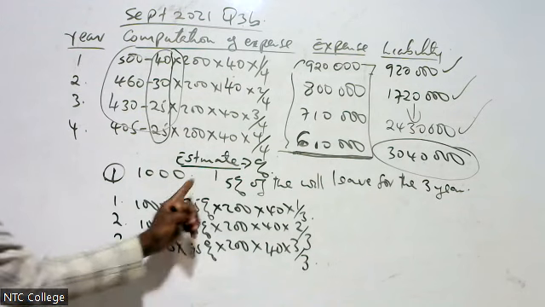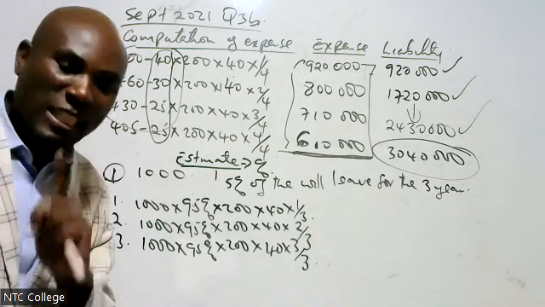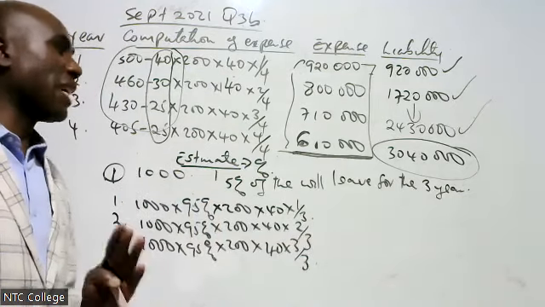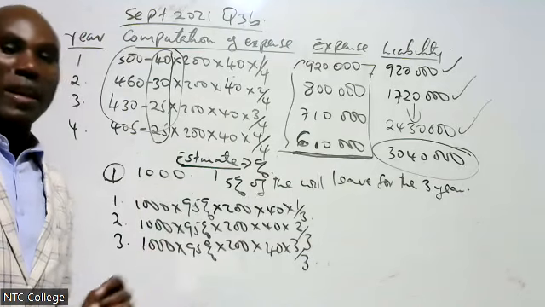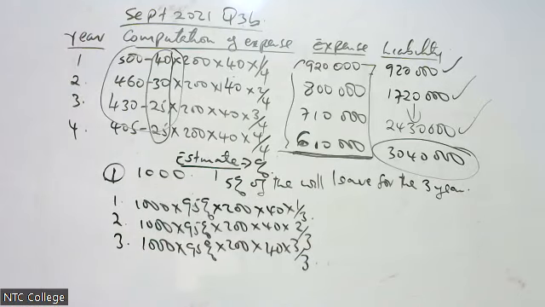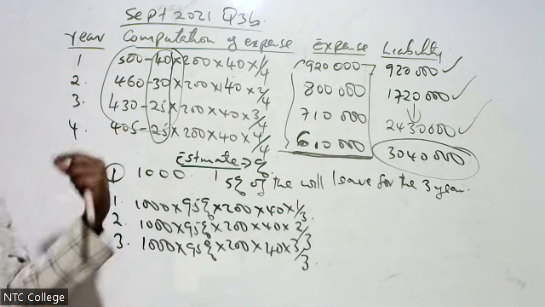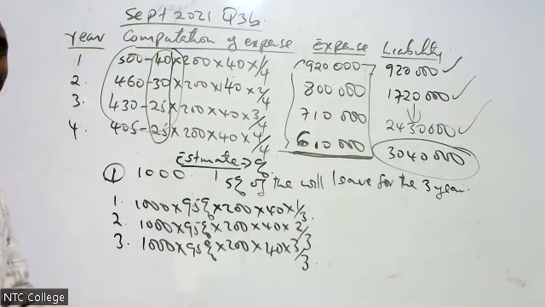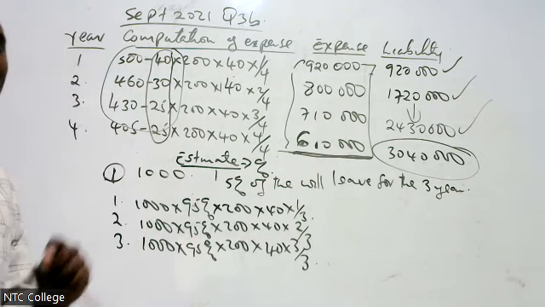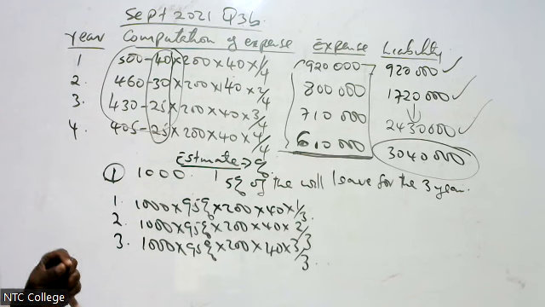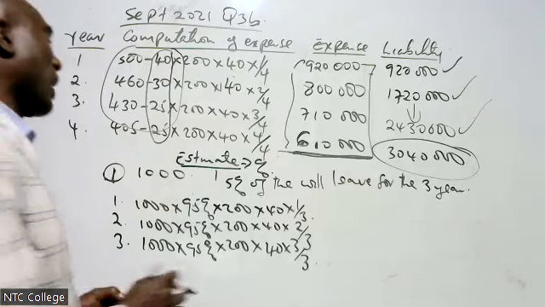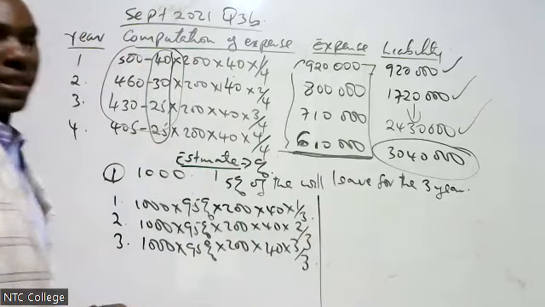If the examiner has told you that the company estimates that 5% of the employees will leave in the 3-year period, it means that 95% will remain. But remember, it's just an estimate, it's not actual. Therefore, this is how we handle it. I believe that one has sunk in. We go to another scenario where we use percentages.